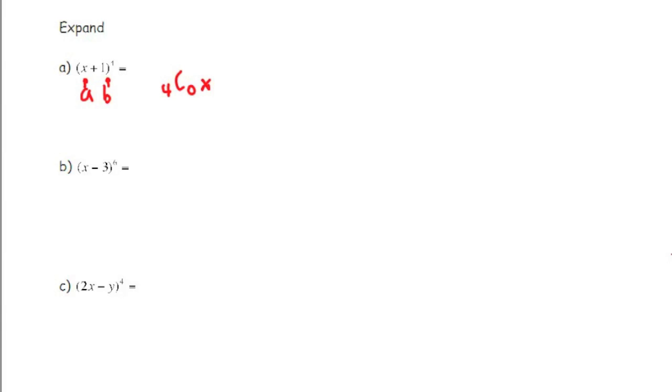So we have (x + 1) to the 4th, or to the power of 4. Well, that's just equal to 4 choose 0 times x to the 4 times 1 to the 0. Remember, this is now b, right? And then we add 4 choose 1 x cubed.